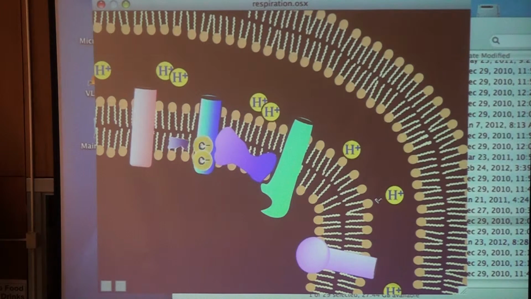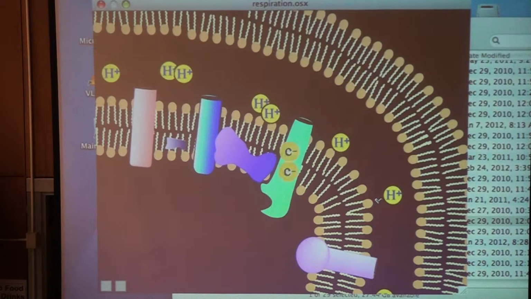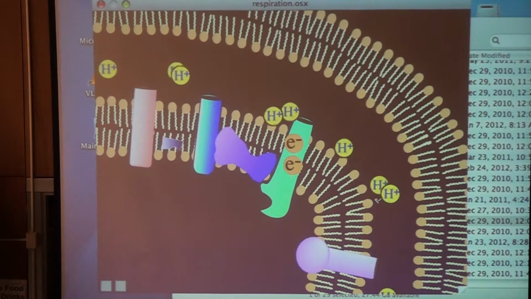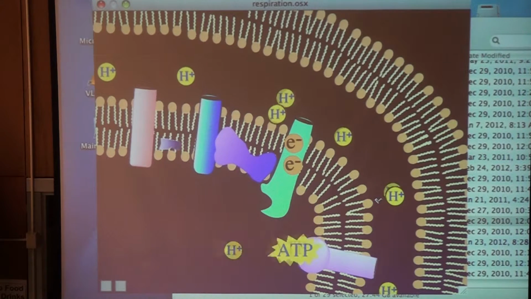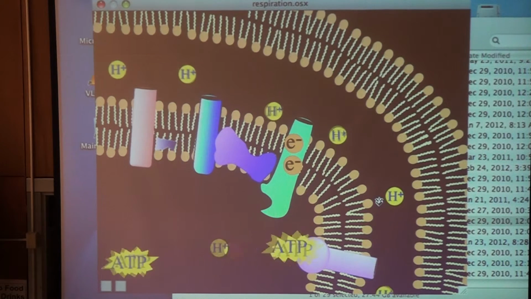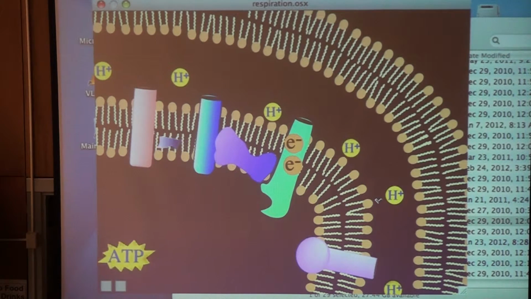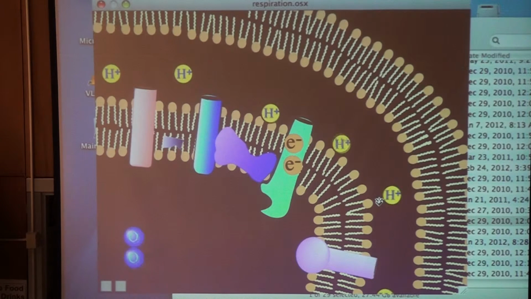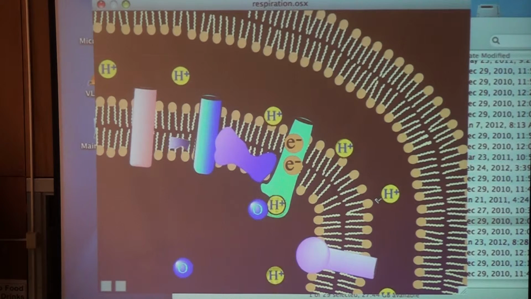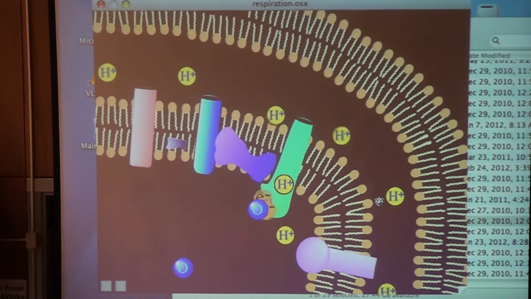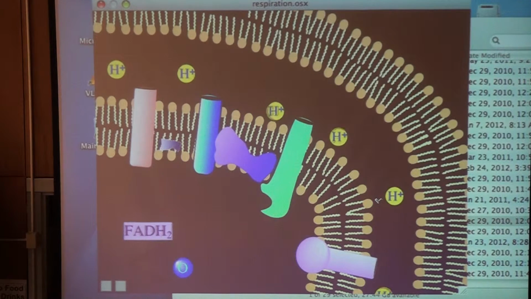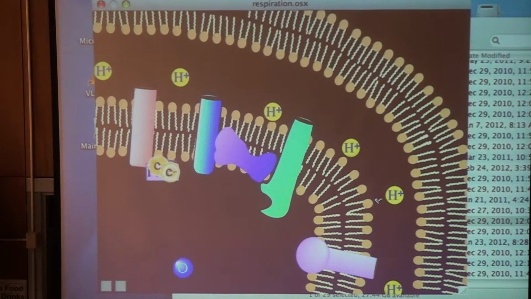And 4 ATPs made from these FADH2s make a total of 8 ATPs there from the electron transport system. Plus these 4 ATPs made in glycolysis and Krebs cycle. By my calculation, it seems like you're going to get 12, the fish are going to get 12 ATPs instead of their normal 36 per glucose. So they'll have an energy shortage enough to stun them, and that's how they collect them from the water.